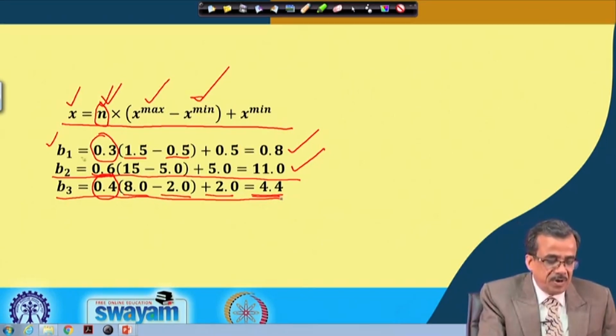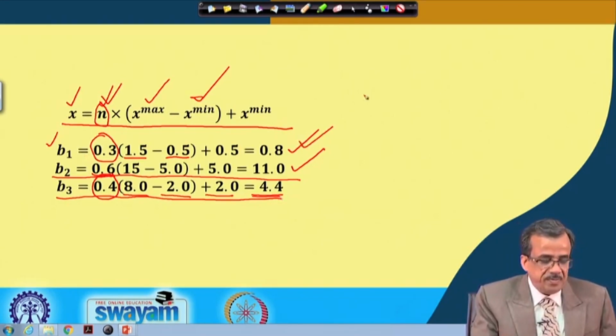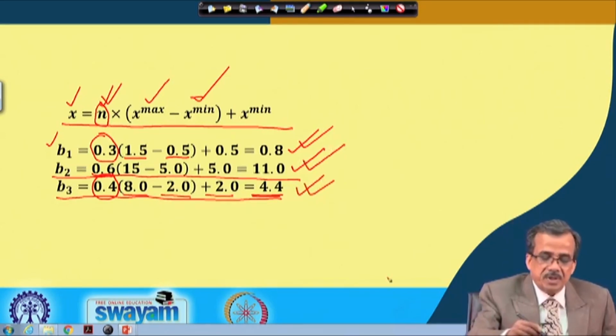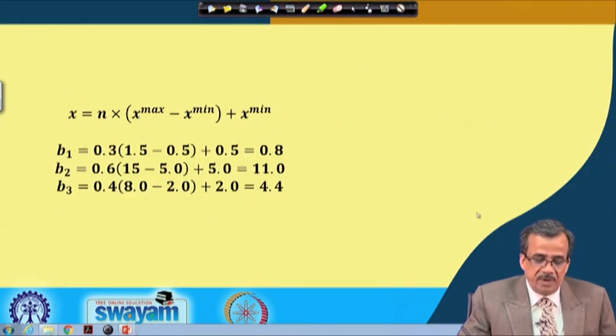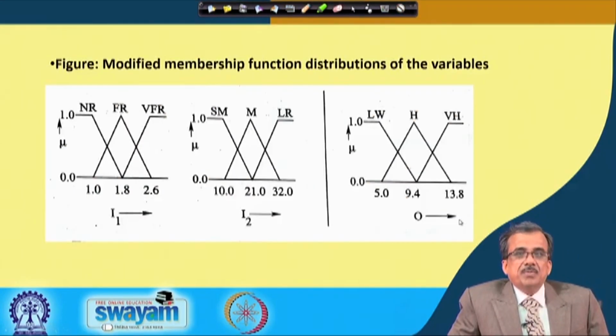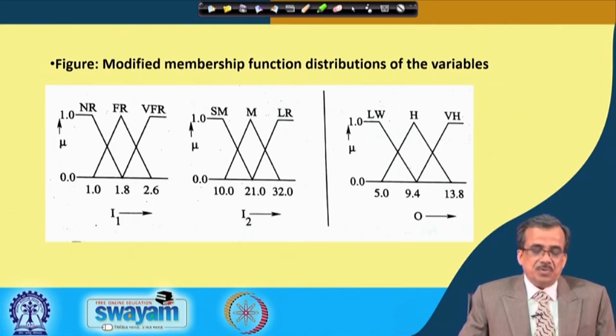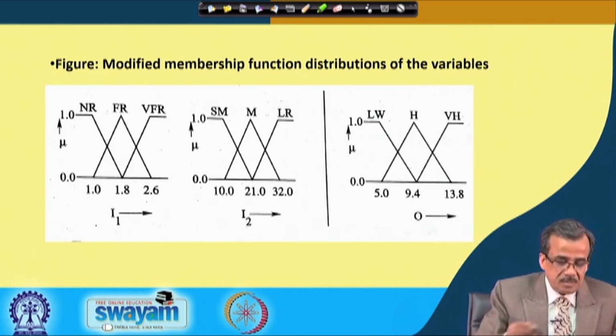So, the real value for B1 is 0.8, B2 is 11.0 and B3 is 4.4. Now, using these real values, we can modify the membership function distribution. So, the modified membership function distribution will look like this.